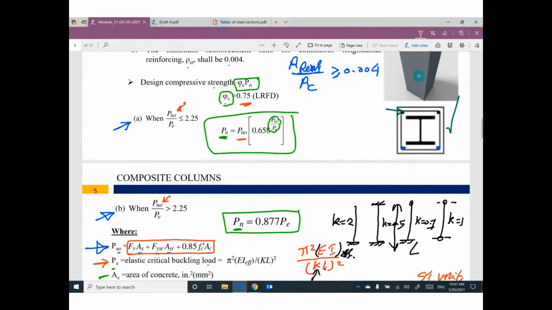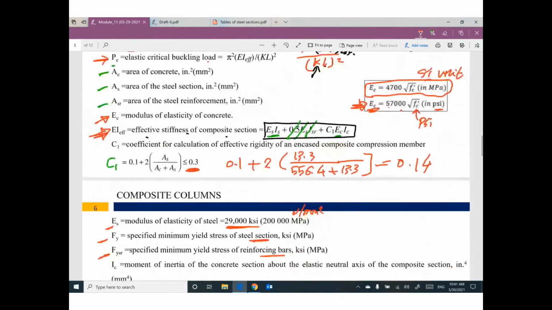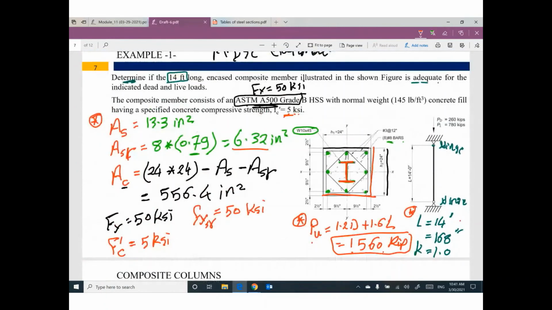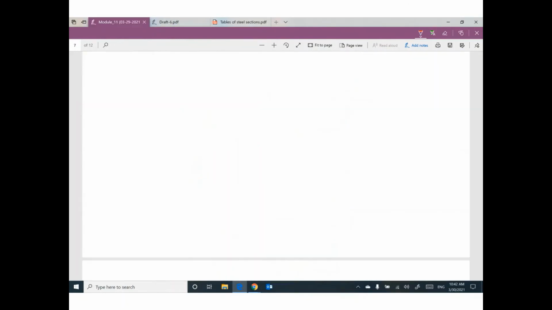And you can follow these steps to use Pn equal to this case or this case. Once you figure out the value of Pn, multiply it by Phi to figure out the design compressive strength. Finally, you need to make a comparison between P ultimate and Phi Pn, and P ultimate must be smaller than or equal, at least equal.